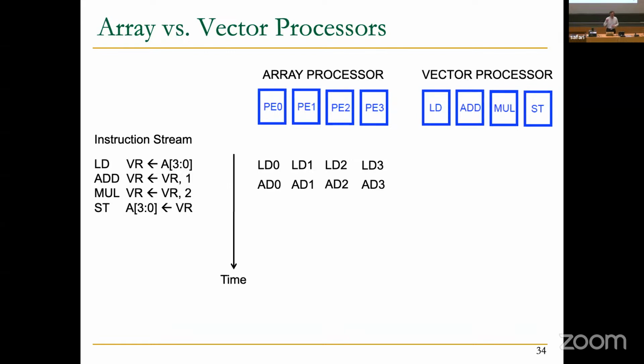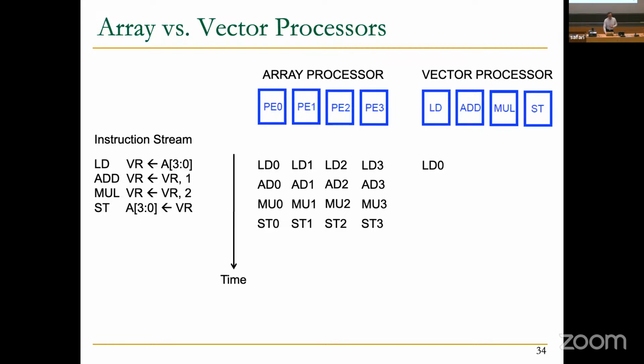And then we take element 0 and increment it by 1 in this processing element, element 1 and increment it by 1 in this processing element, and element 2 and element 3 concurrently again. And then multiply each element by 2 concurrently in different processing elements. And then do the store of the resulting value concurrently to different locations in memory, consecutive locations in memory. Makes sense, right? So basically, this is beautiful, and this is the fastest you can get this program using this paradigm, if you will.